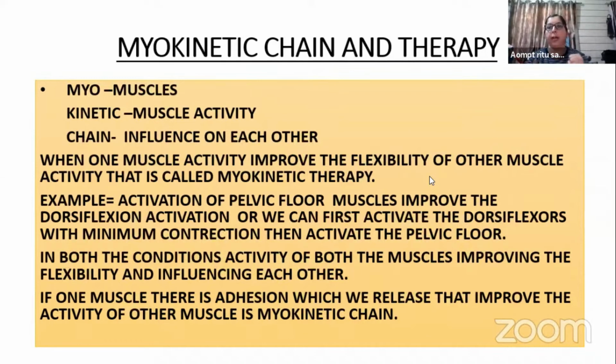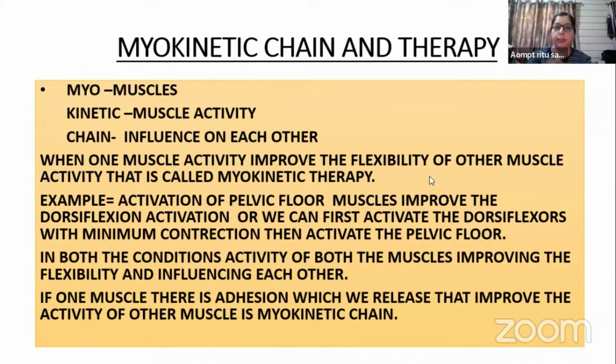You can check it on yourself by self demo: when we contract the pelvic floor, dorsiflexion and plantar flexion activity improves. So one activity is influencing and improving the other, and in both conditions the activity of both muscles improves, improving flexibility and influencing each other.